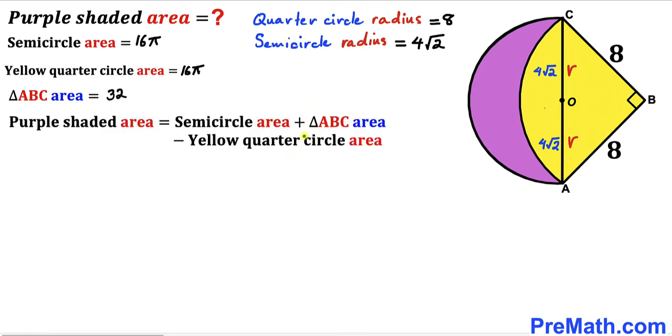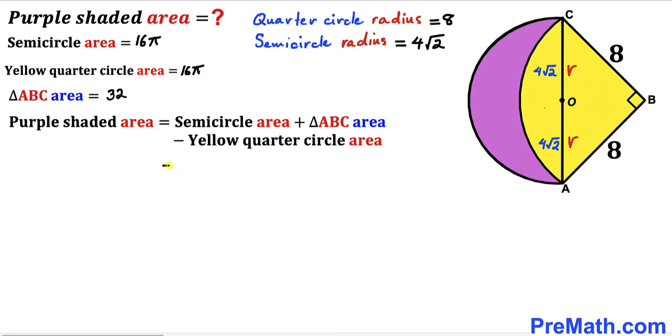And here's our final step. Let's recall this equation once again. We know the purple shaded area is equal to the area of the semicircle, which we figured out as 16 pi, plus the area of the triangle ABC, which is 32, minus the area of this yellow quarter circle, which is 16 pi.